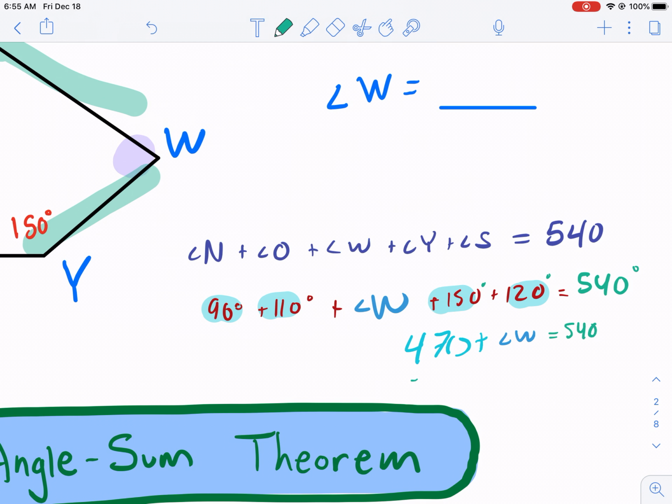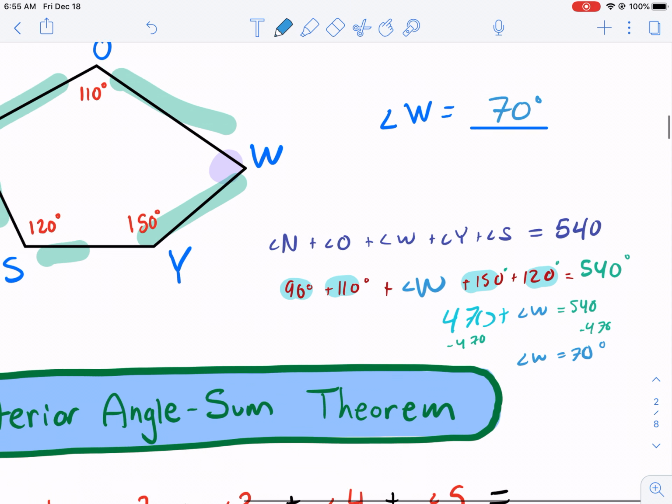So now we just need to subtract 470 from both sides. And we get angle W equals 70 degrees. I should probably just double check that. I can just hear people screaming through the screen that I messed up something, and I would hate to get roasted for that. 470. Okay, yeah, I got it right. 70 degrees.